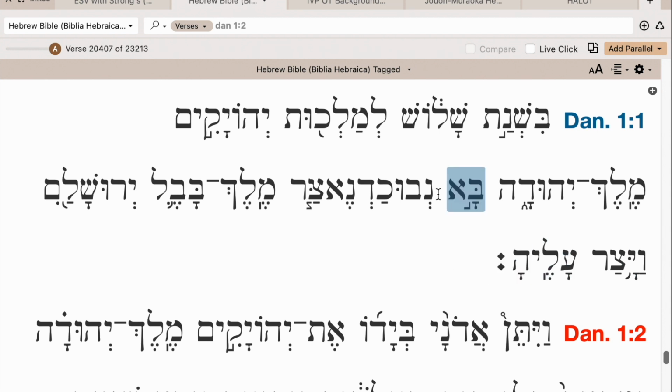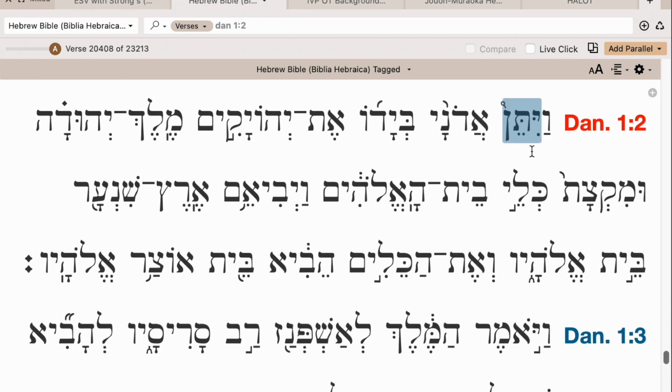So we're talking here, the pronominal suffix O, I should say, refers back to Nebuchadnezzar. Okay, it has an anaphoric reference. That means it refers to something that precedes, as opposed to cataphoric, which would be something that follows. Okay, so now the Lord gave into his hand, that is into Nebuchadnezzar's hand, Jehoiakim Melech Yehuda, the king of Judah.